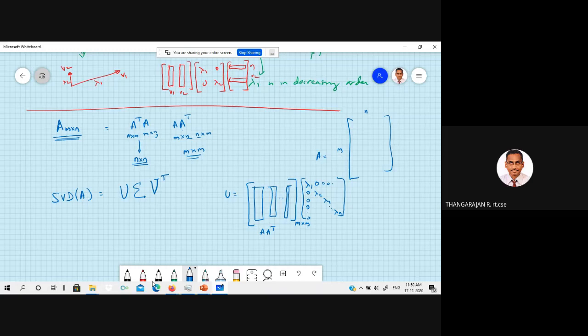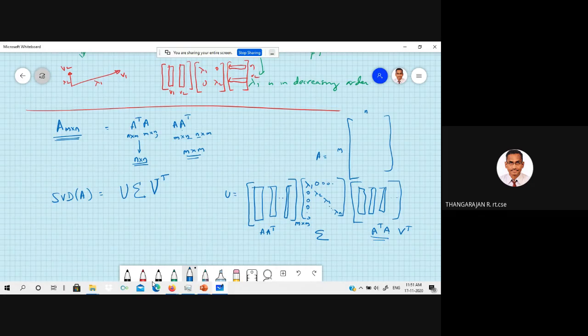What is V transpose? The columns of V are the eigenvectors of A transpose A. The columns of U are the eigenvectors of A A transpose.